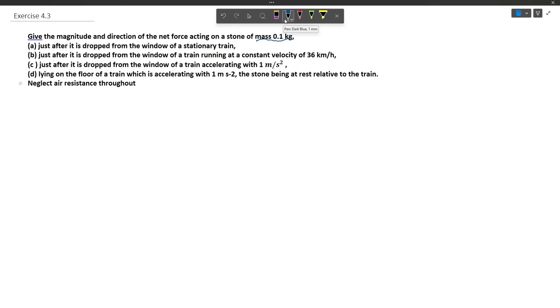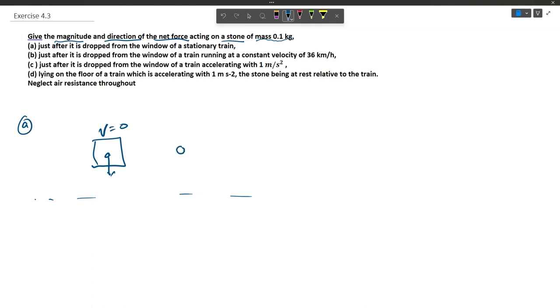So let us draw some diagrams that will explain the question a bit. In case A, let us assume that this is the train and this is the reference of ground. The train is stationary, that is v equals 0, and the stone is dropped. We have to find out the magnitude and direction of the net force acting on the stone.